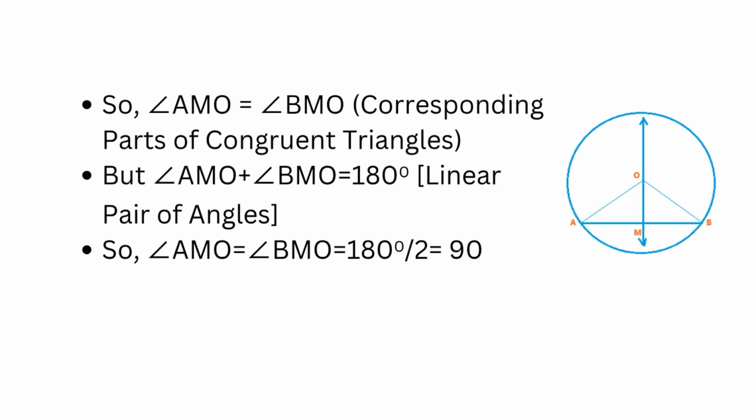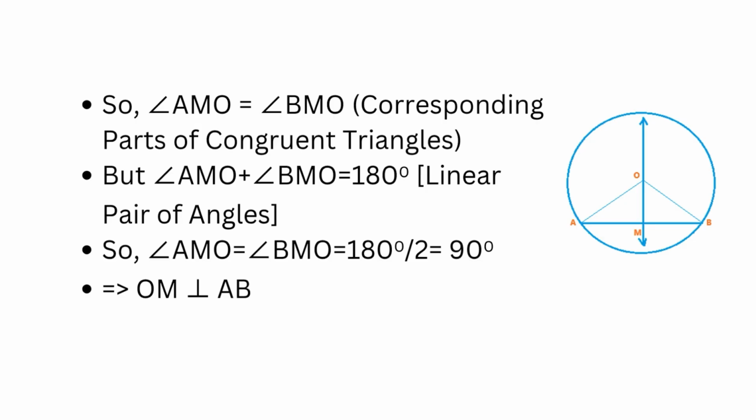Now if angles AMO and BMO are both 90 degrees, what is your conclusion now? The line OM is perpendicular to AB. So, this is Theorem 9.4.